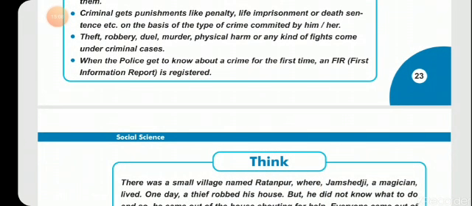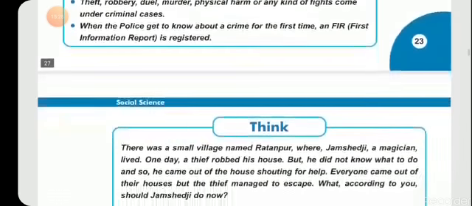I pronounced FIR in a different way earlier. Pardon me, I am sorry for it. I correct it here: FIR. We can also say first report information, but the correct way is FIR, first information report.